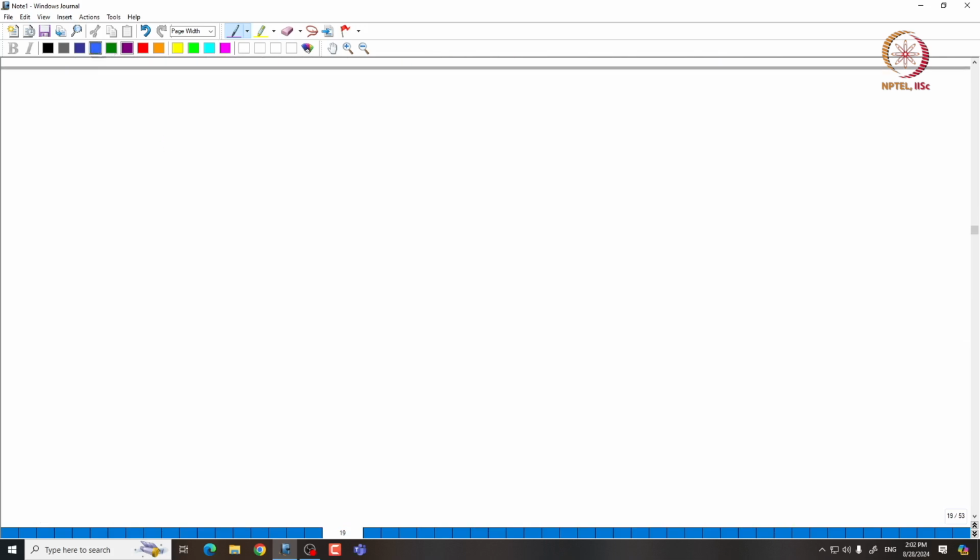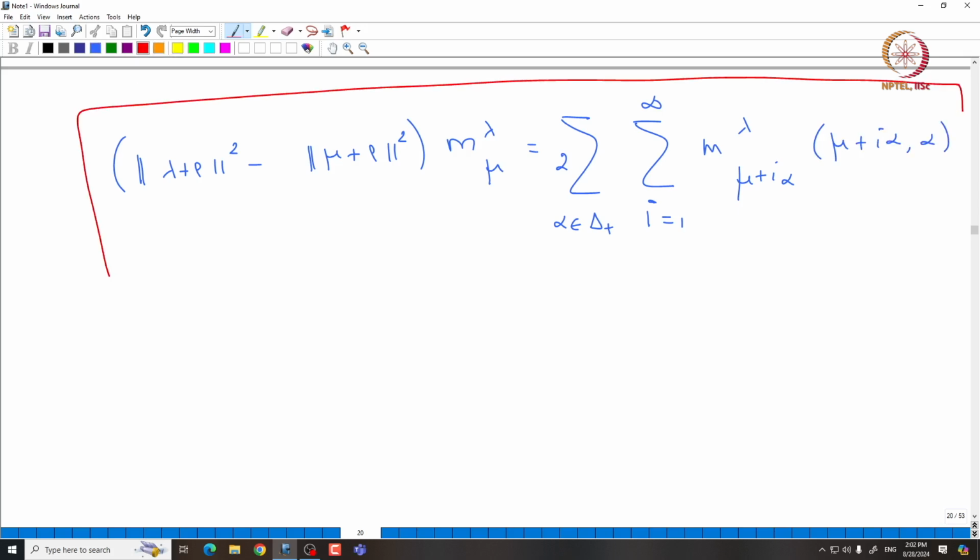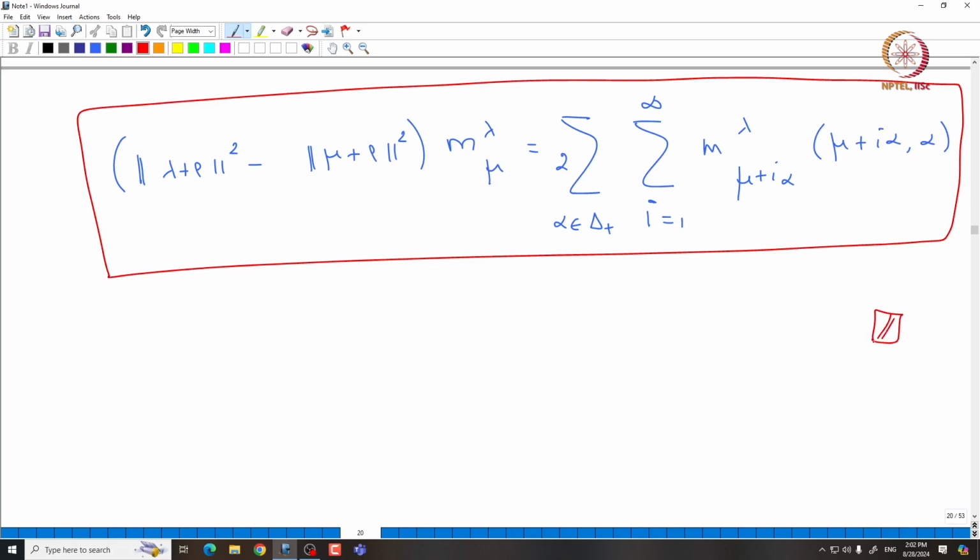So, this is the final formula: the norm of lambda plus rho squared minus the norm of mu plus rho squared, times the multiplicity of mu inside V_lambda, is equal to twice summation alpha in delta plus, summation i ranging from 1 to infinity, the multiplicity of mu plus i alpha times the inner product (mu plus i alpha, alpha). This is the final formula that we get by comparing the trace of the Casimir operators in two different ways. So, this indeed completes the proof.